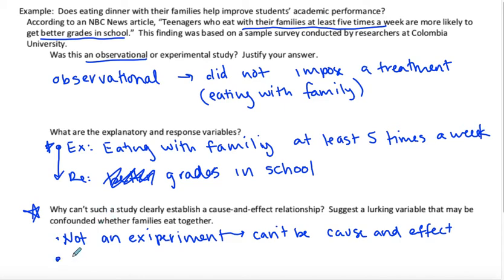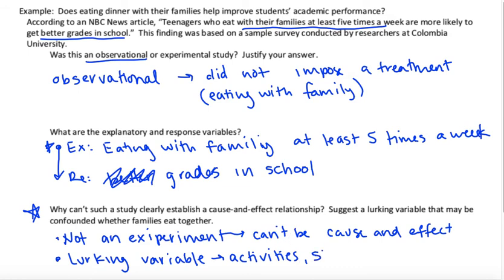Another lurking variable that might be acting on good grades could be their activities. I know that when I played volleyball, basketball, and soccer, I had to maintain a certain level of my grades in order to play, and I know other students do that, so you have better grades not because of eating with your families, but actually maybe the activities that keep you from your families.